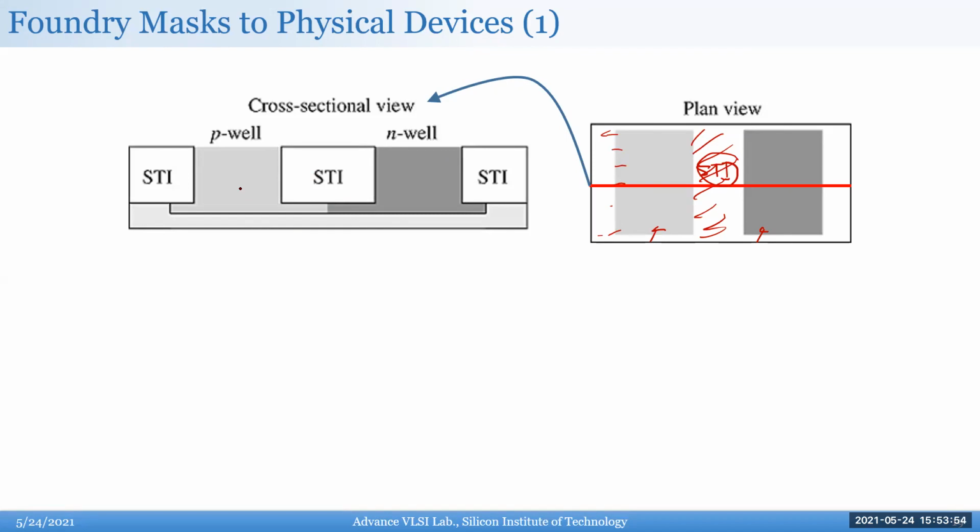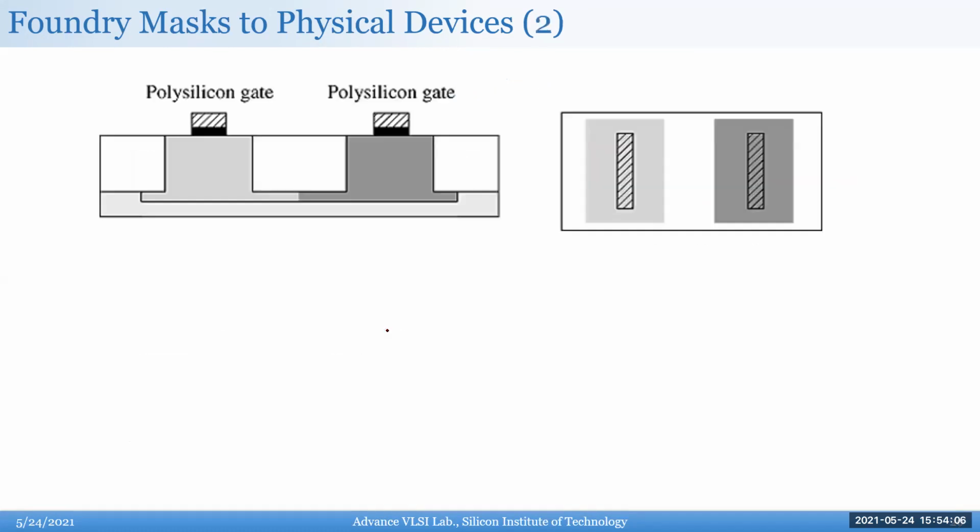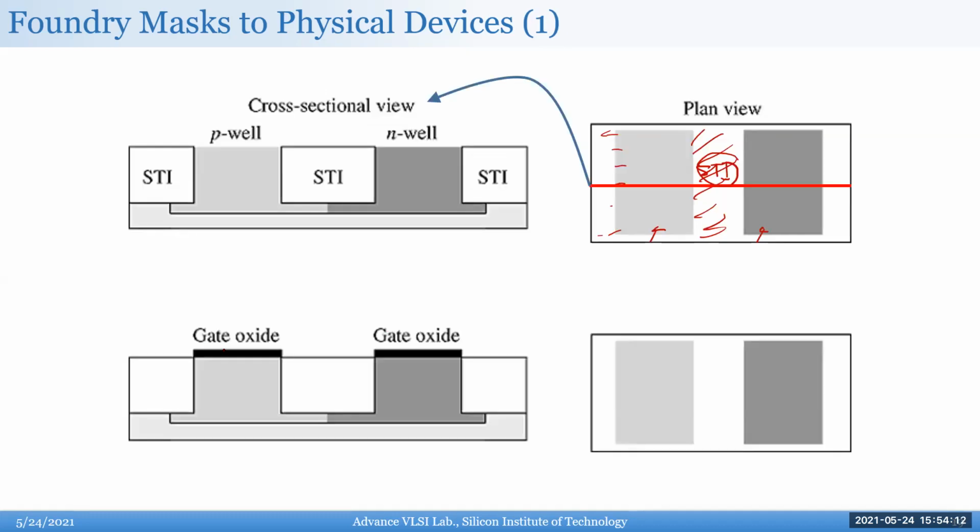So the same drill. Again, using the well areas, they'll first do a thin oxide all over the place, using the same photolithographic process. Then they take the gate mask and etch it away, right? You don't want this thin oxide everywhere.